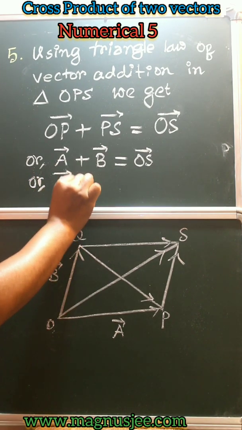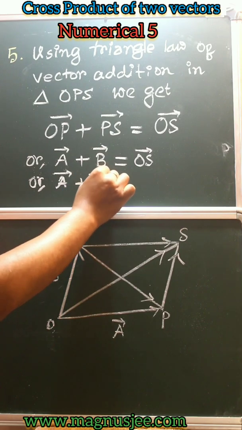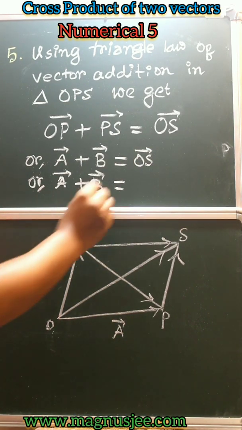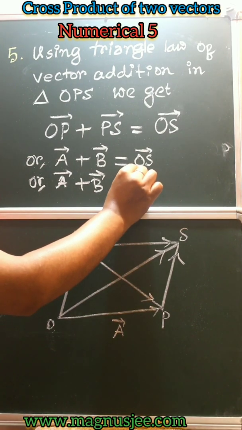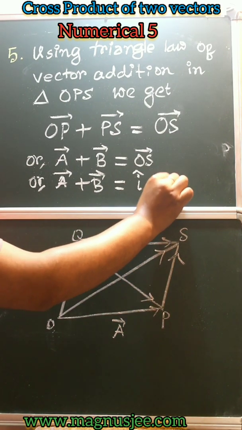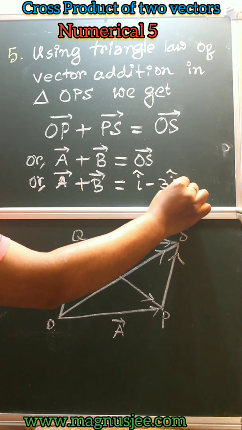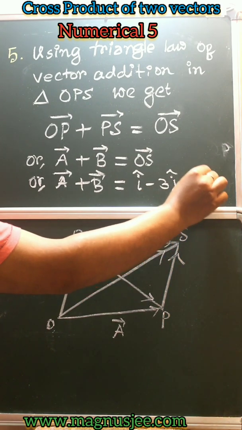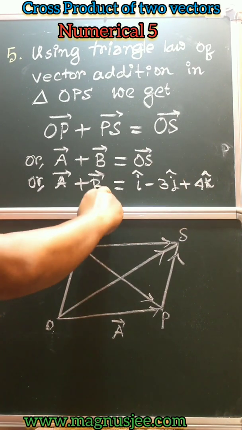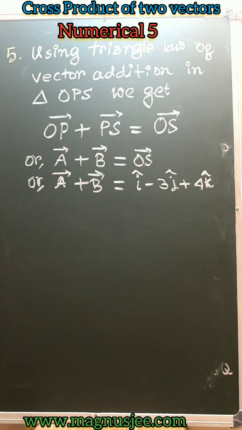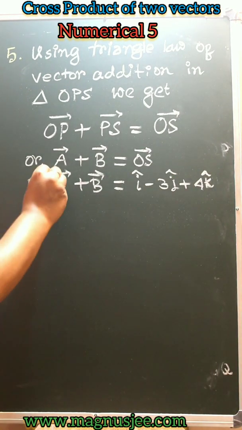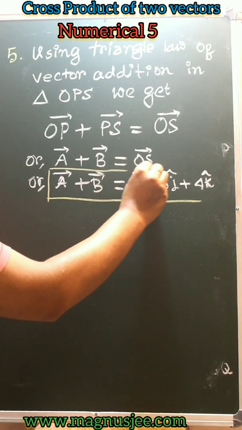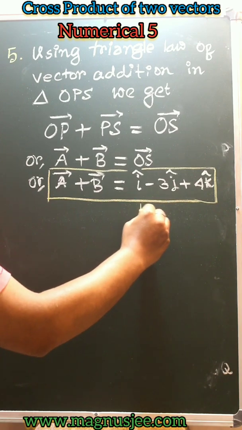So vector A plus vector B equals, putting the expression of vector OS, i cap minus 3j cap plus 4k cap. We get the addition of two vectors, vector A plus vector B, as i cap minus 3j cap plus 4k cap. This is equation 1.